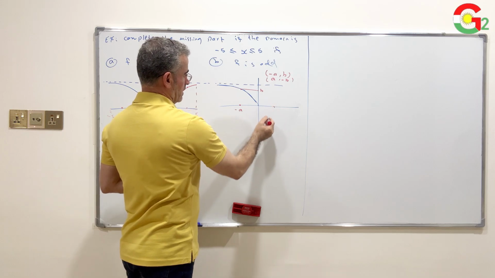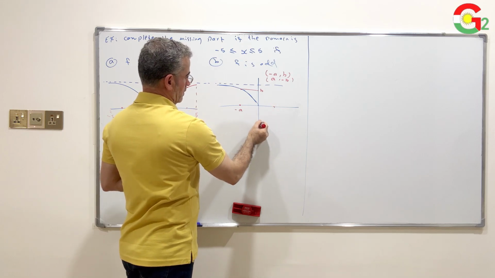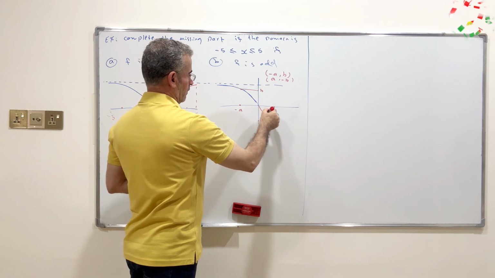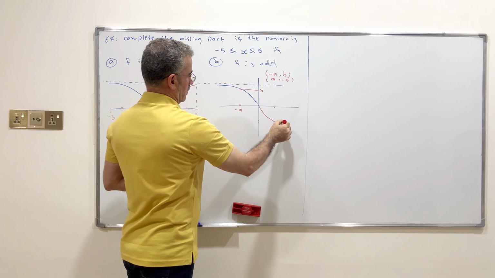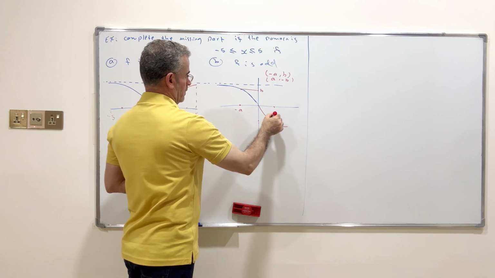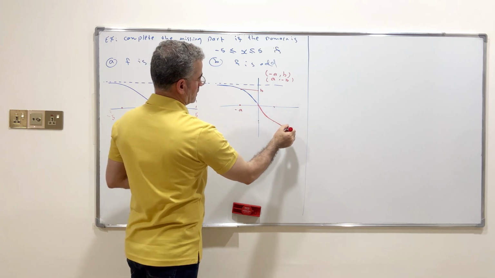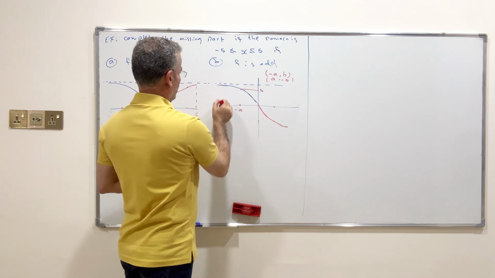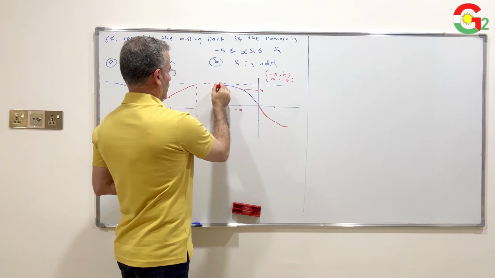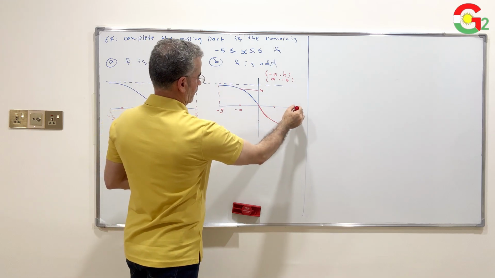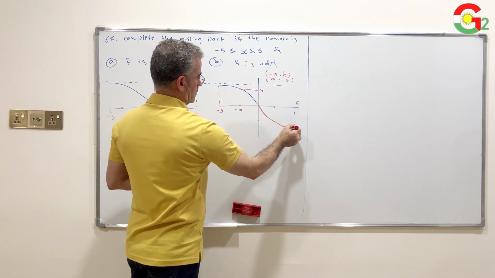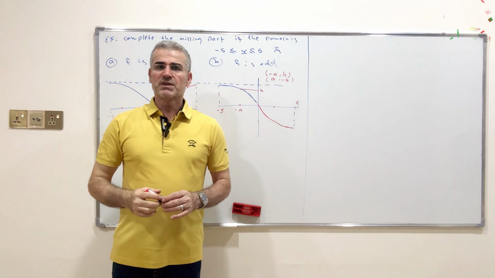Negative b is here. Therefore, the graph will be like this, from negative 5 up to 5. This is the missing graph if the function is odd.